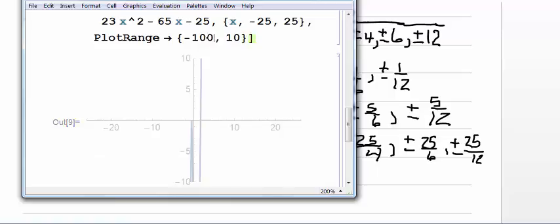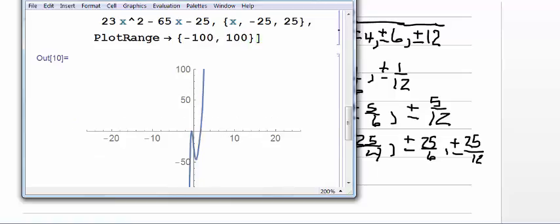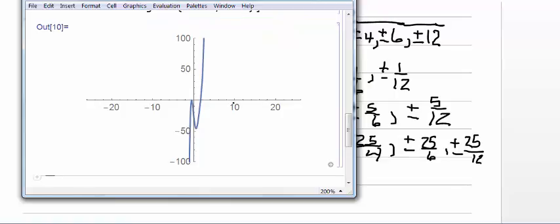I can see that's not enough because I'm not seeing the whole graph. So if I go from negative 100 to 100, that's a lot better. But I see that I can scale down the y values even more. Because I can see that I do have some zeros here. I have 2 zeros that I'm seeing.